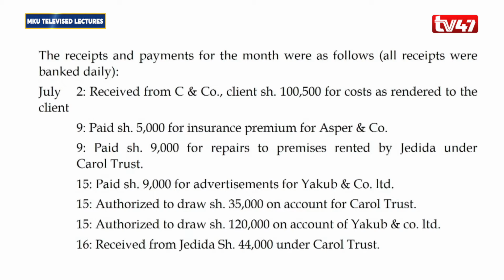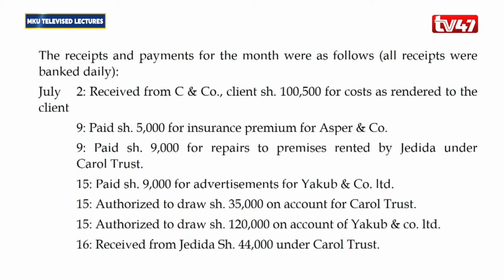You have vehicles, you have your office, which you can insure, and when that happens, that is an expense. Then we paid 9,000 for repairs to the premises rented by Jedida and Akaro Trust. Then on the 15th, paid 9,000 for advertisement for Yakub and Company Limited. Then on the 15th, we were authorized to draw 5,000 shillings on account for Caro Trust.